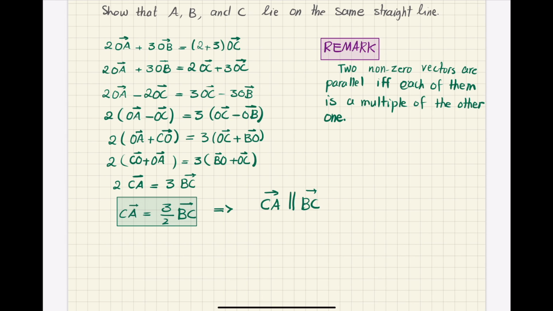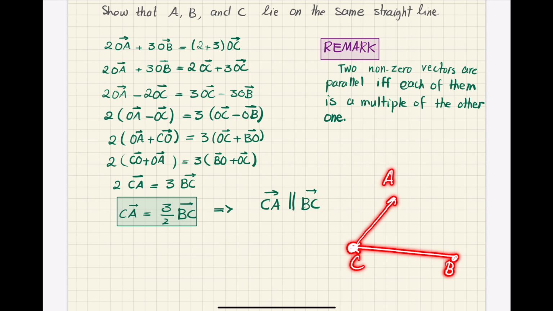But then look, as Oscar mentioned, these two vectors are on the one hand parallel, on the other hand they share a point. So they have to be on the same straight line. Yes? So why is that? For example, if this is vector CA, and where is vector BC? So this C is the same C. So for example, this is vector BC.